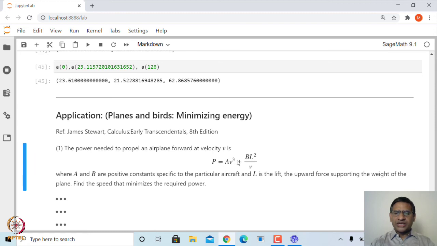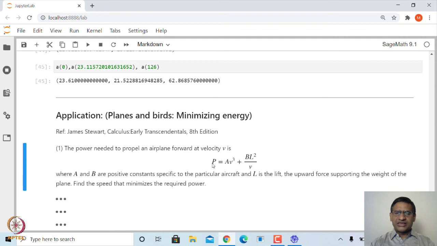This is the power, a function of v, where a and b are positive constants specific to the particular aircraft, and L is the lift, an upward force supporting the weight of the plane. Then you have to find the speed that minimizes the required power.